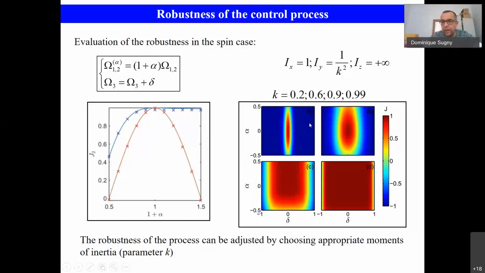In the limit when k goes to 1, we basically recover the robustness of the adiabatic pulse, but just by changing the value of k, going from 0.2 to 0.9, we can increase at will the robustness, and we can adjust the robustness of the process we need in a specific experiment or in a specific device as a function of this parameter k.